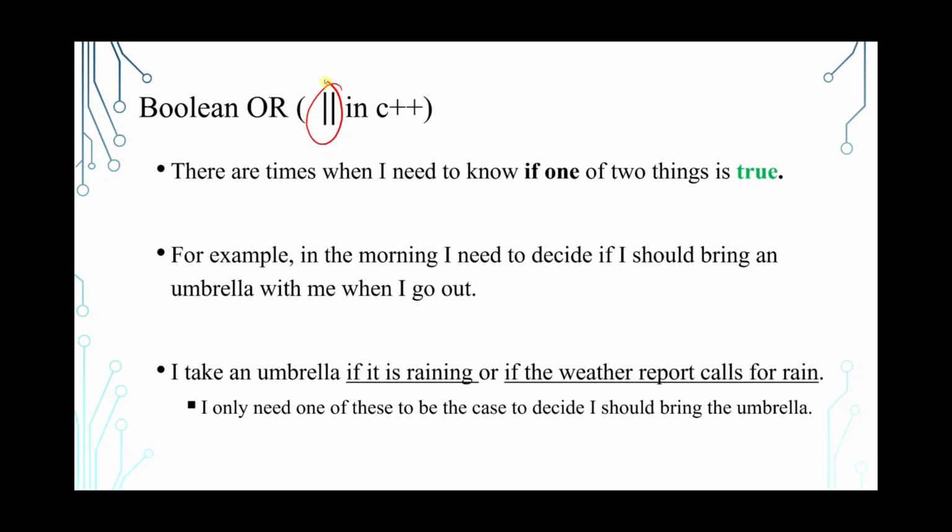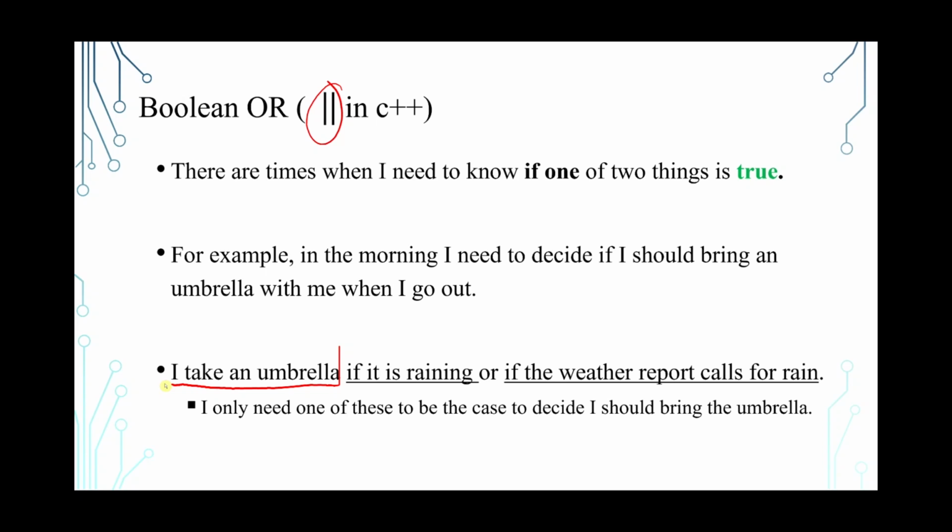There are times when I need to know if one of two things is true, usually to make a decision. For example, in the morning, I need to decide if I should bring an umbrella with me when I go out. So here is my decision to take an umbrella or not. I would take an umbrella if it is raining, or if the weather forecast report calls for rain, right?